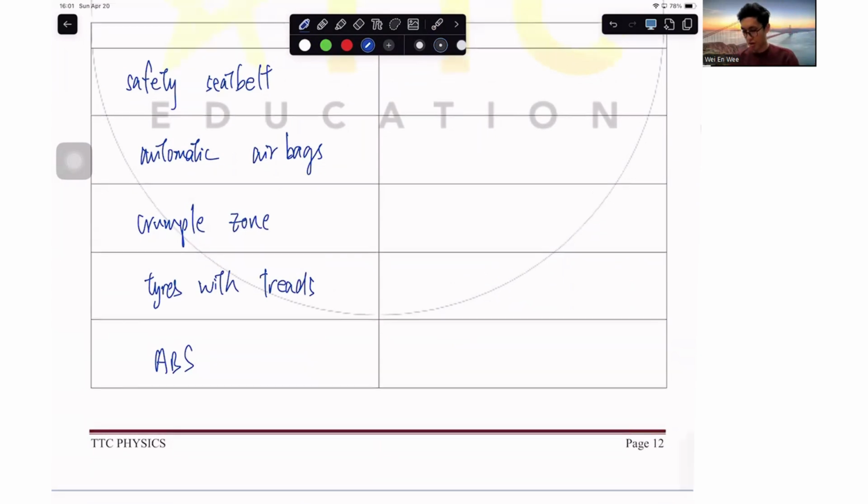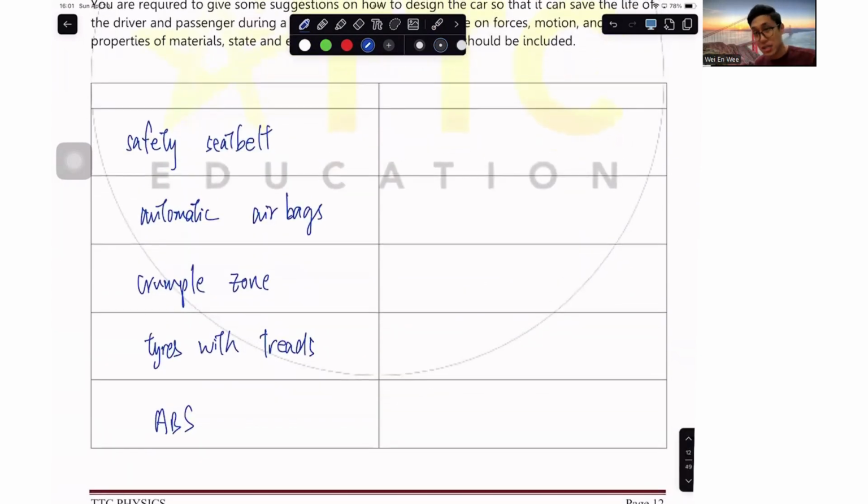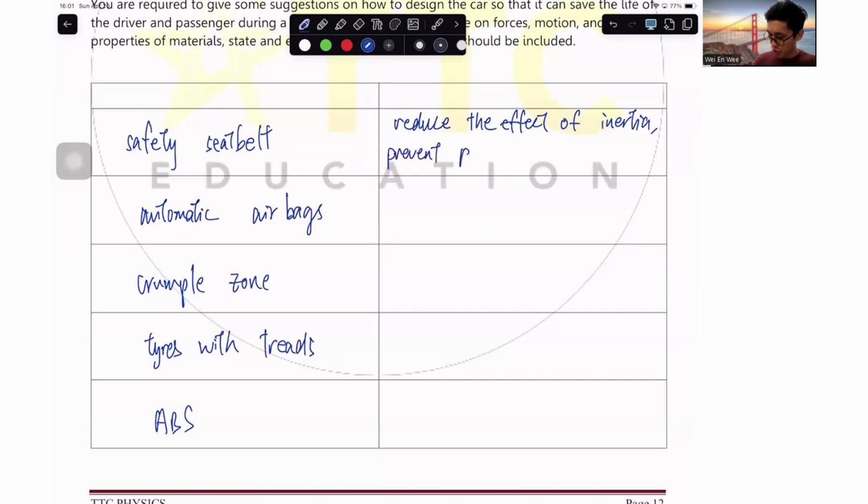Oh, very good. Okay, now the reason behind these things. Number one, safety seat belt is to reduce the effect of inertia. Okay, because your body wants to continue to go forward. You can say prevent passenger being thrown forward.